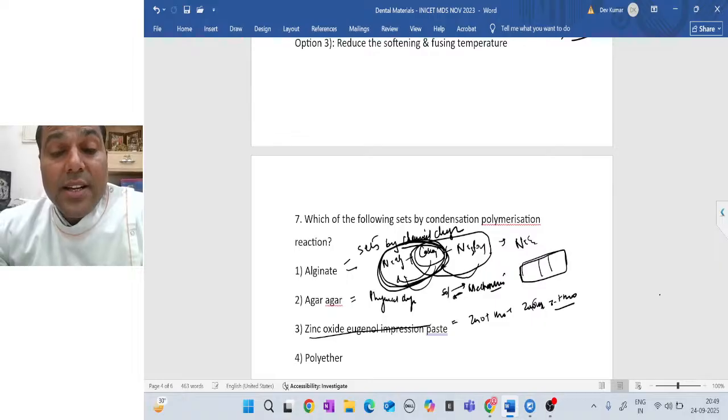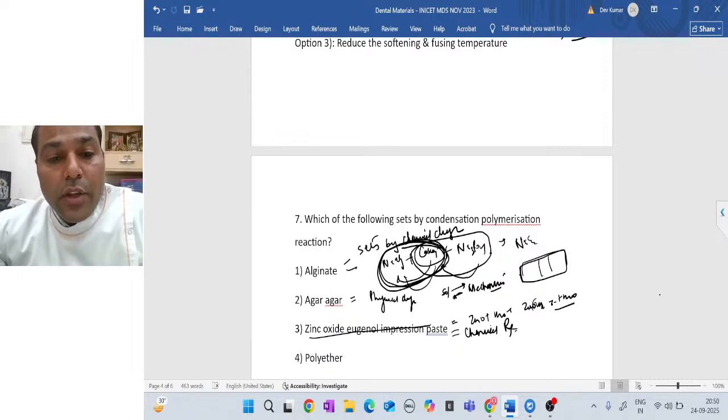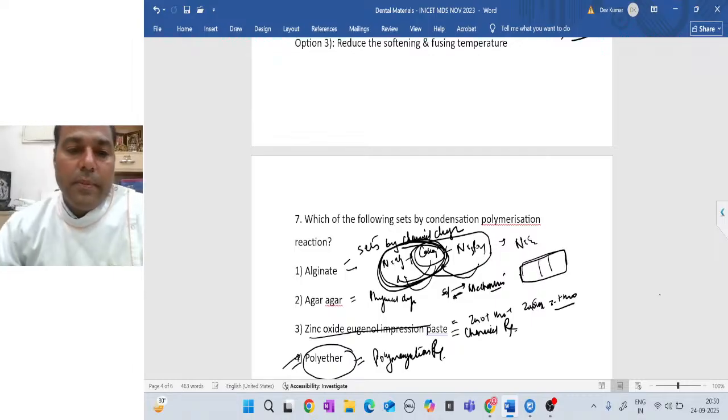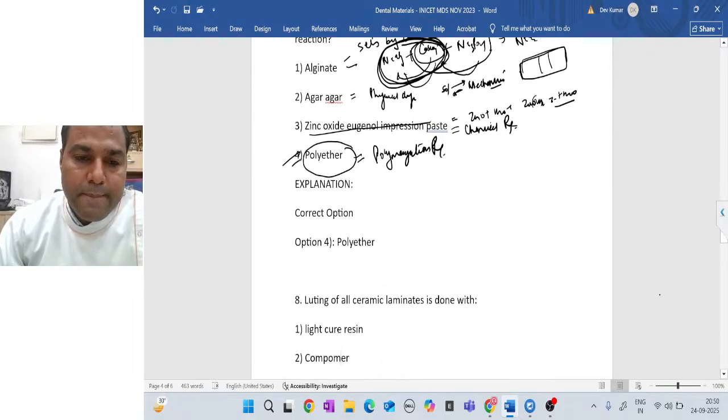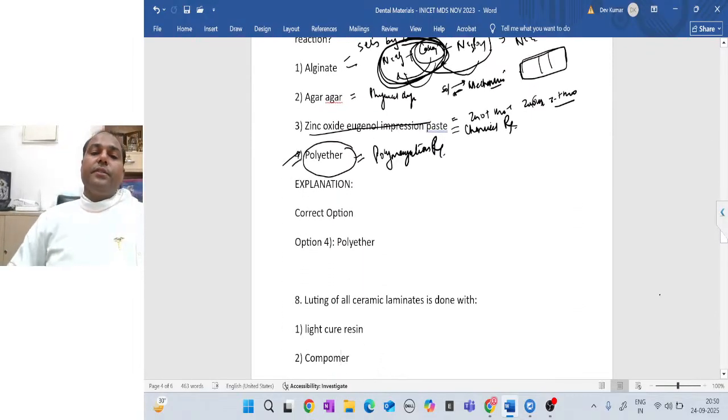It's an autocatalytic reaction. Again it's a chemical reaction. Okay, polyether, because it is an elastomer, it is a polymerization reaction. So the answer here is your polyether.